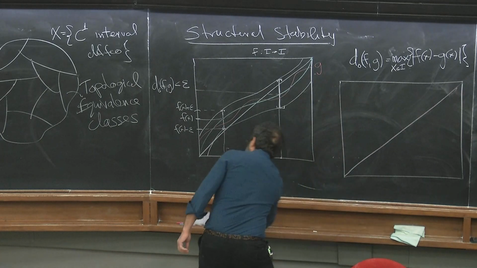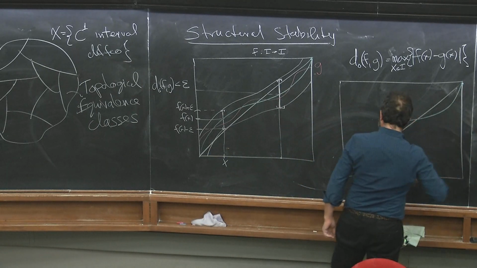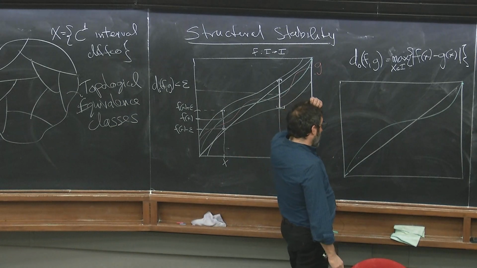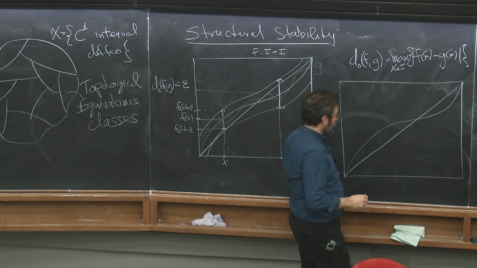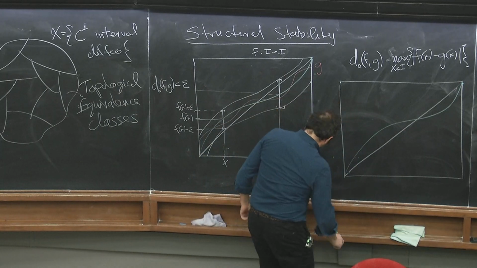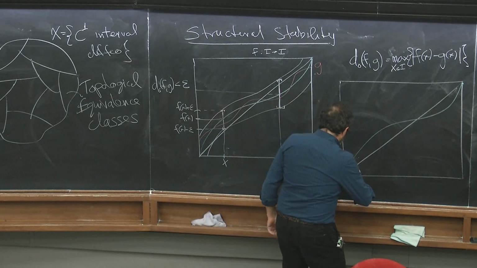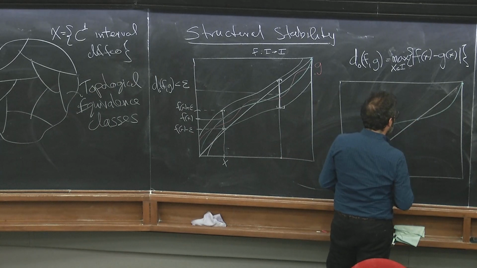Let me draw again the same f. Now let me take a very small epsilon, near here, okay?